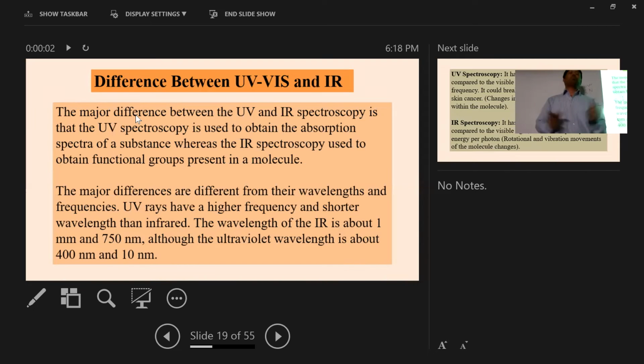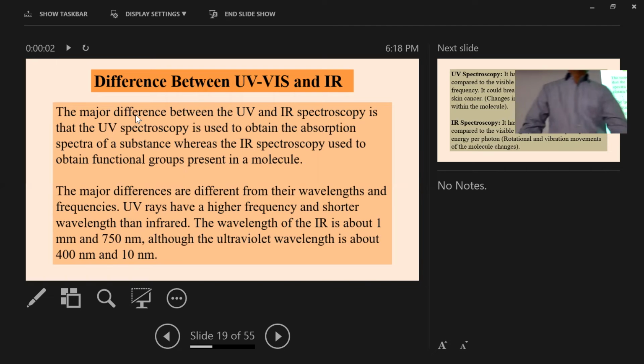Why we are going to use UV and IR, the major differences come from the wavelengths. That means how much energy we are applying. For UV, the molecule is excited from the ground state to an excited state, and for IR, it is excited from one vibrational state to another vibrational state.